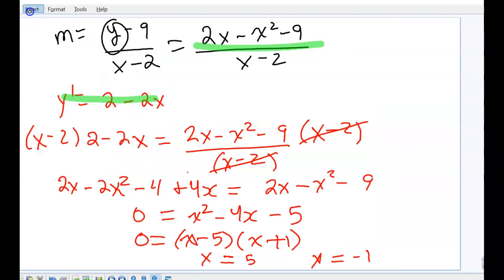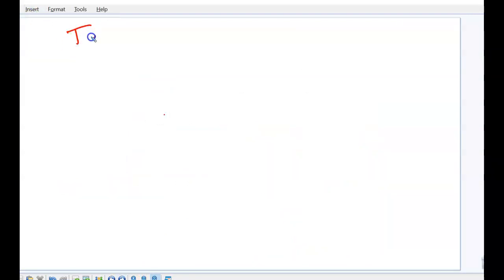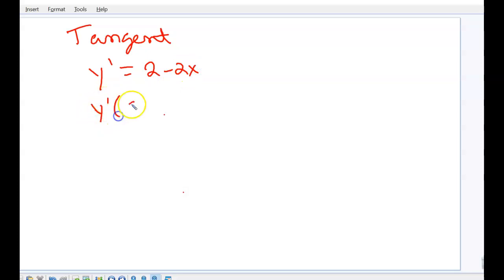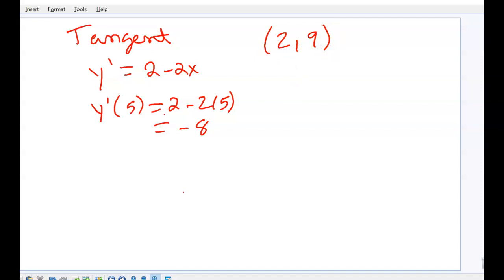So to find the slope of tangent line 1, I'm going to use the derivative, which was 2 minus 2x, and I'm going to evaluate the derivative at 5. So my slope is going to be negative 8. And I have a point that the tangent line goes through, it's (2, 9). So to find the equation of that tangent line, I'm going to use the point-slope formula.